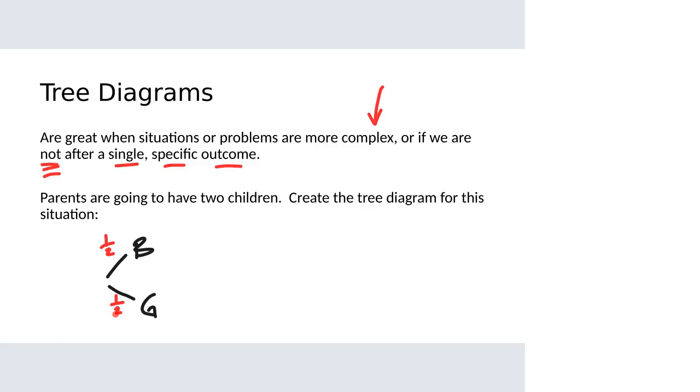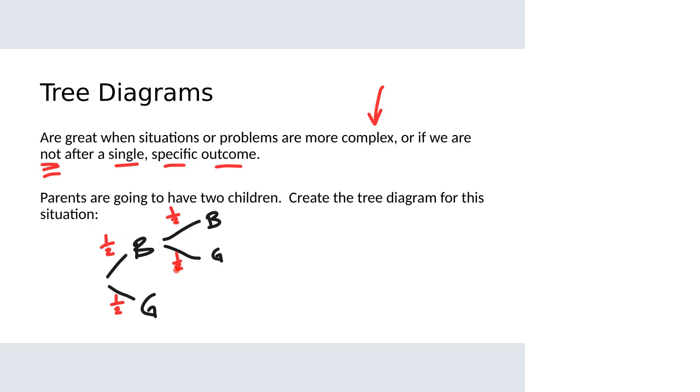They're going to have another child. And if we're up here, that means the first child was a boy, and then they're going to have another child, and that second child is either going to be a boy or a girl. And those probabilities are also going to be 1/2 for the boy, 1/2 for the girl.